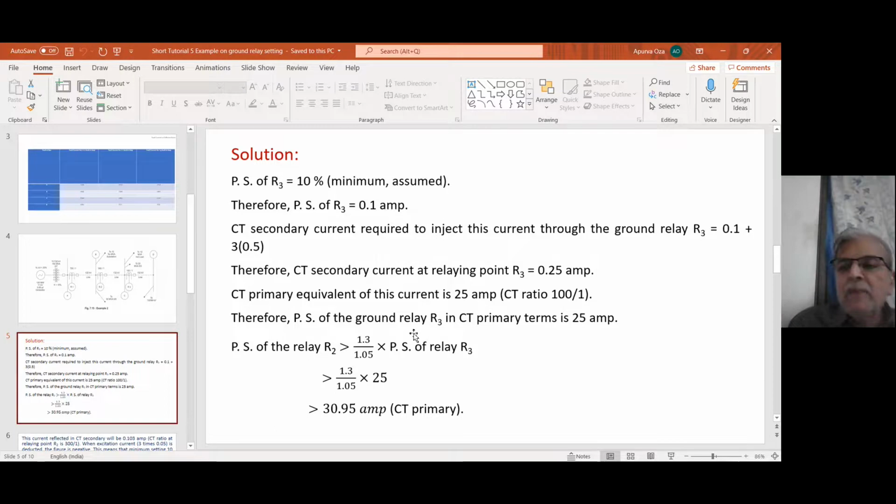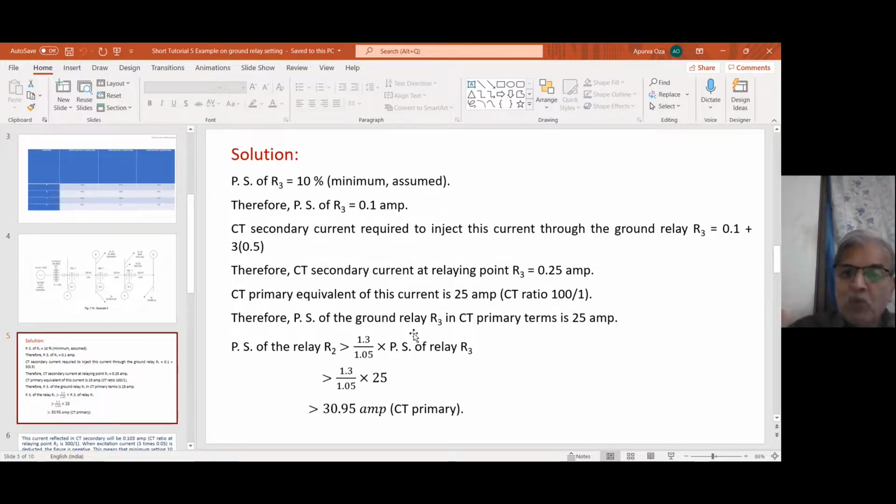So 0.1 plus 3 into 0.05, that is 0.15, gives 0.25. I would request the listeners to make a correction in this slide because I just missed that. The excitation current is given to be 0.05 and not 0.5. So 3 into 0.05, but the calculation is correct. The CT secondary current at relaying point R3 is 0.25 ampere.